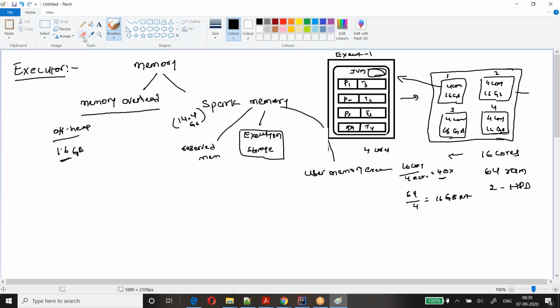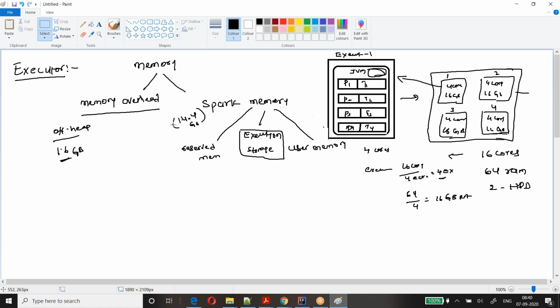Then, for more clarity, you see user memory as separate. So there are three categories in Spark memory. The actual memory will be two categories: memory overhead and Spark memory.